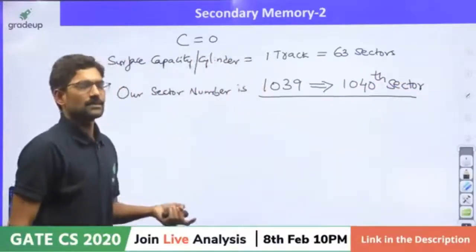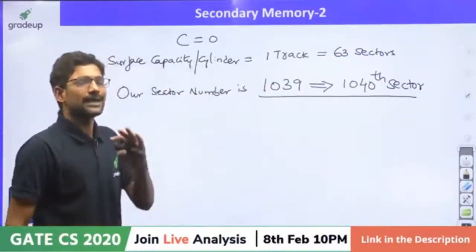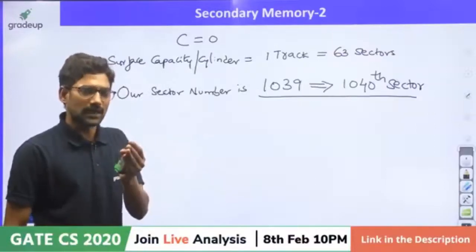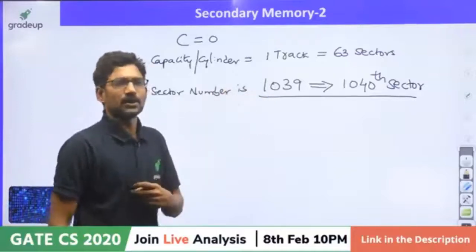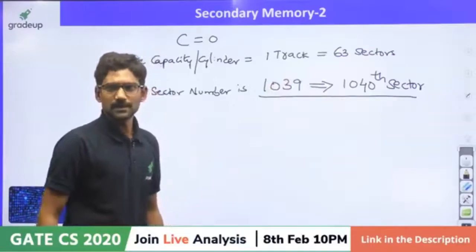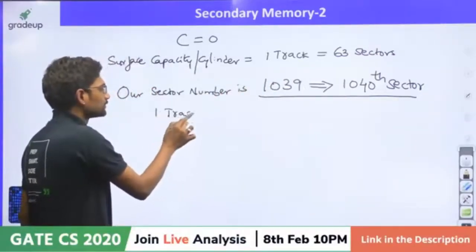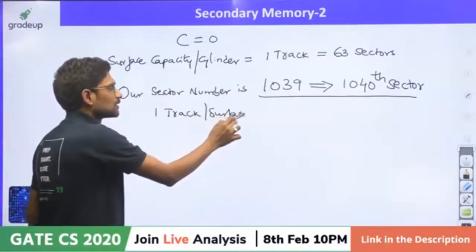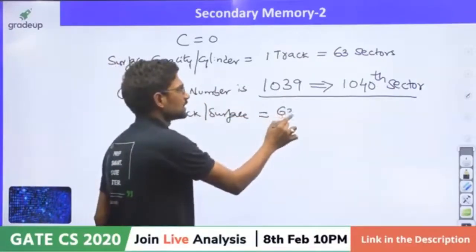Its number is X, which means in count it is the X plus 1th one, so the count is 1 more than the number. So its number is 1039, which means its count would be 1040. So we just understood that one track or one surface capacity is 63 sectors.